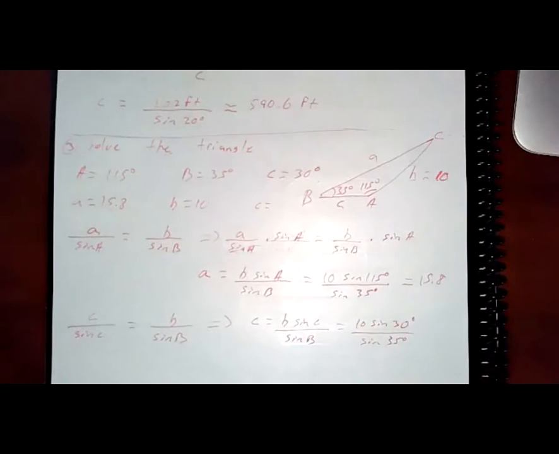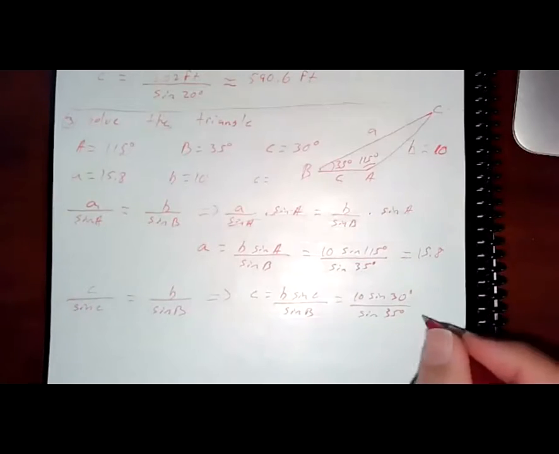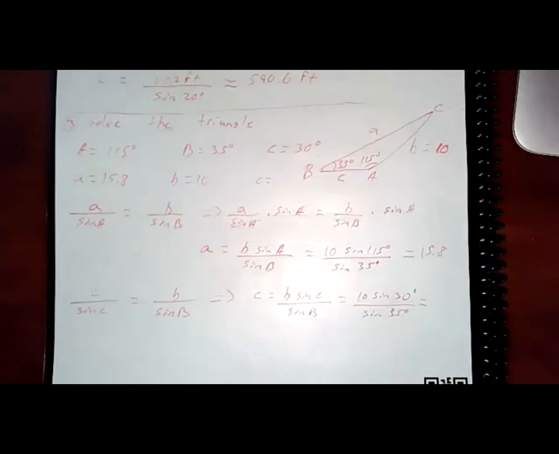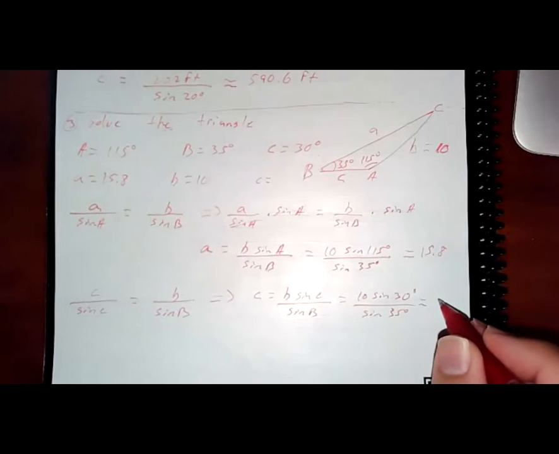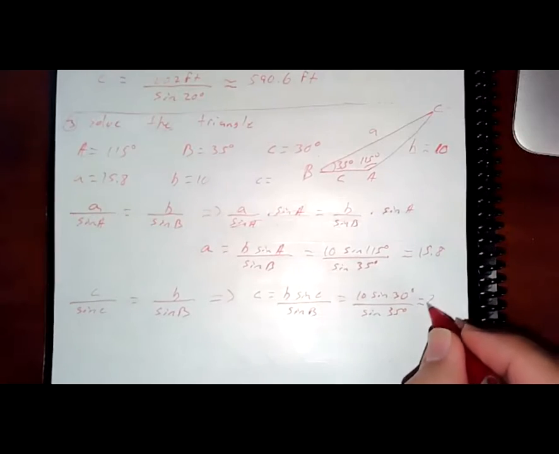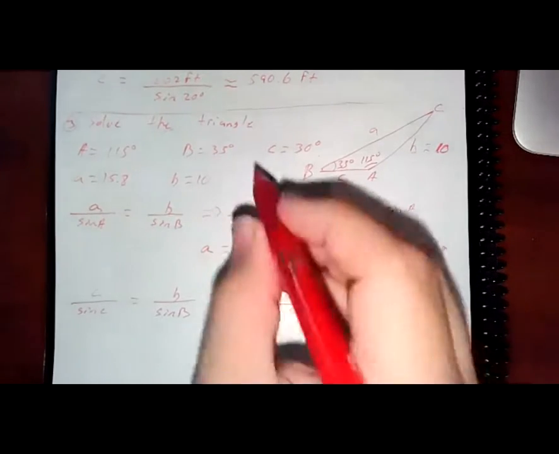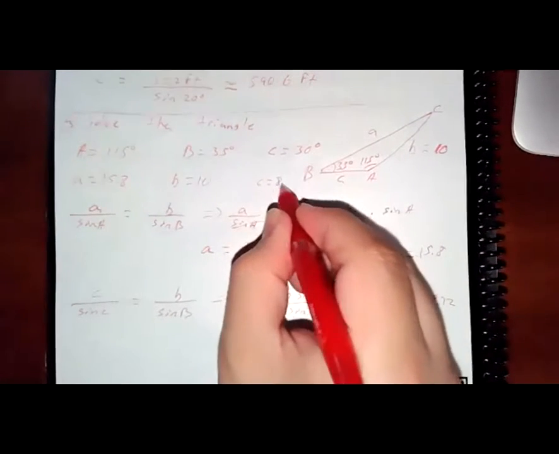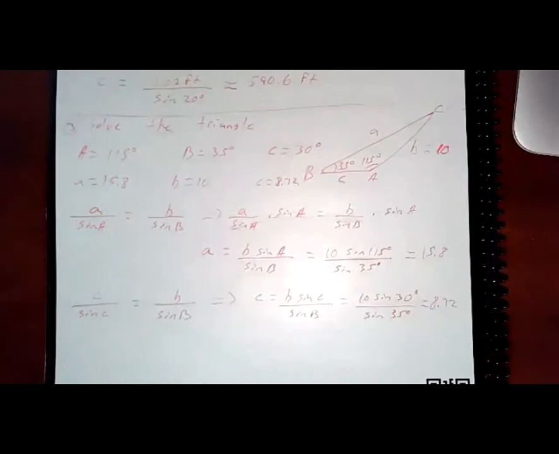There we go. So what's that going to be? 8.72. Yeah, that's it. 8.72. So now we have all the pieces and we're done. Is there any questions on how we found the missing angle or the missing two sides?